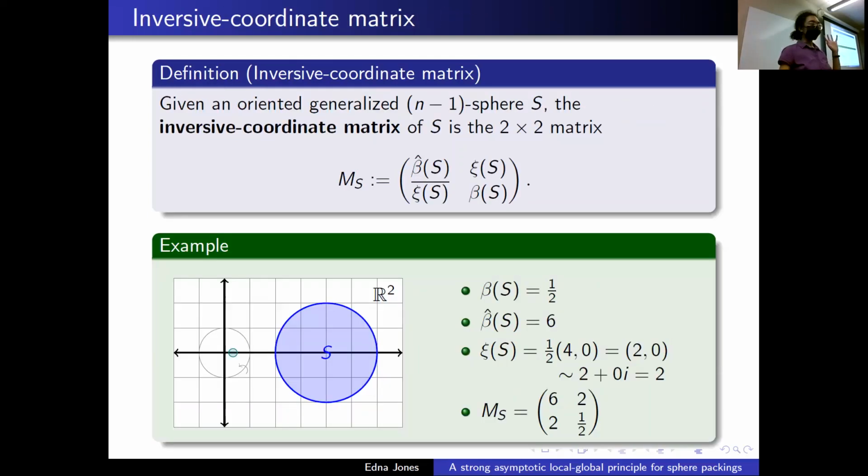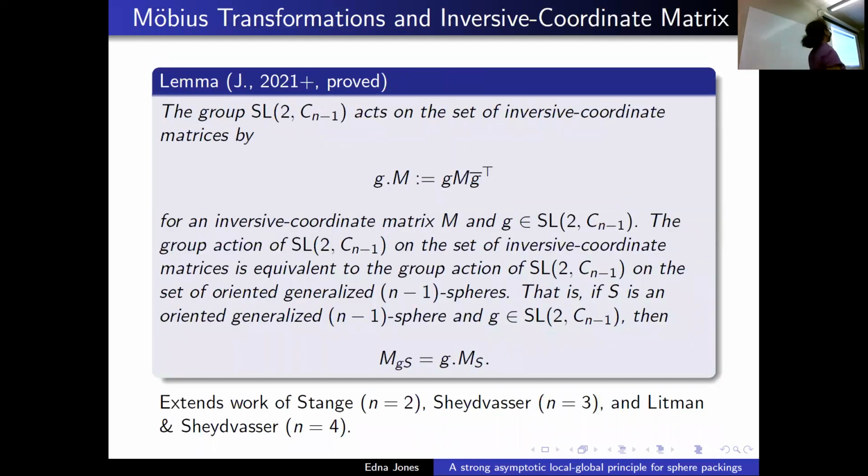So I talked about Mobius transformations, and I've talked about inversive coordinates. Let's put them together. The group SL2 of our Clifford algebra C n minus 1 acts on the set of inversive coordinate matrices by this action here, where M is an inversive coordinate matrix and G is in SL2 of C n minus 1.